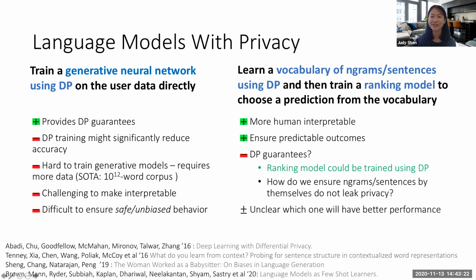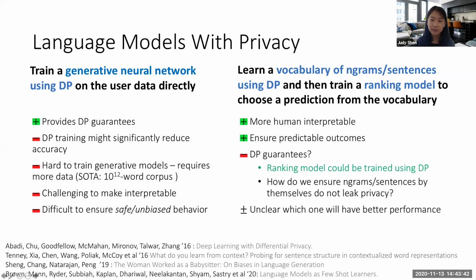So what is an alternative? An alternative that's commonly used in industry is to first learn a vocabulary of n-grams or sentences, and then find some ranking model to help us predict from this vocabulary. It's more interpretable because we can just look at what our rankings are.